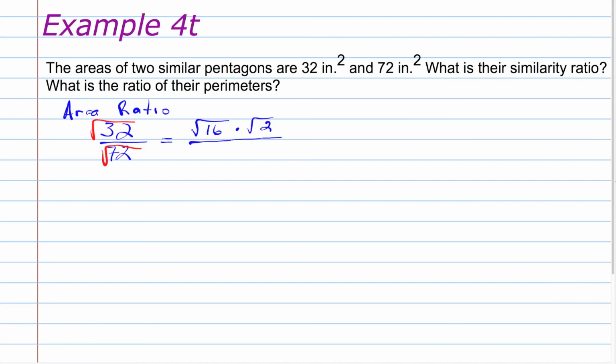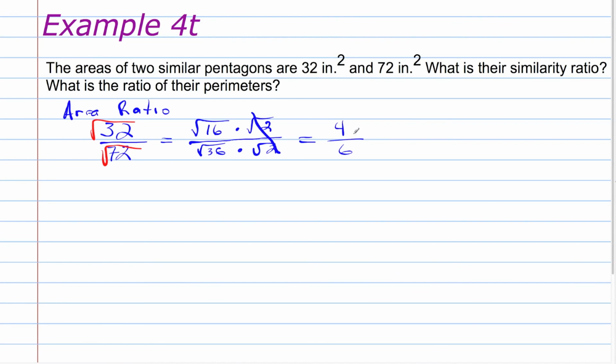For 72, what comes to mind is 36 and 2. The square root of 36 times the square root of 2. Now when I do this, the square roots of 2 can divide out. The square root of 16 is 4, and the square root of 36 is 6. So that gives me 4 over 6.